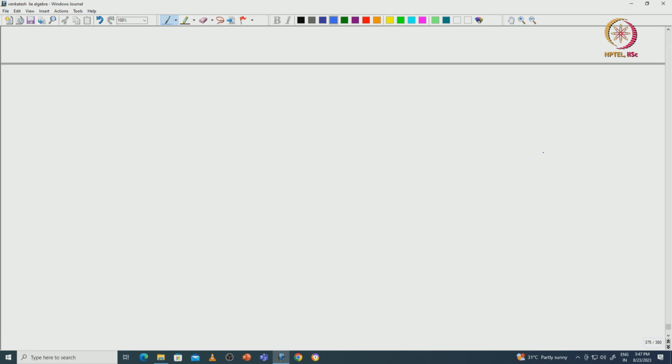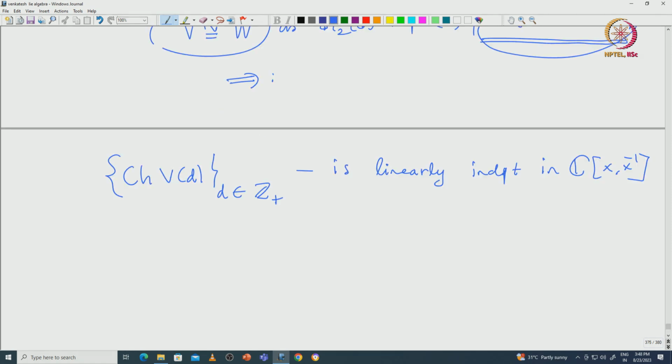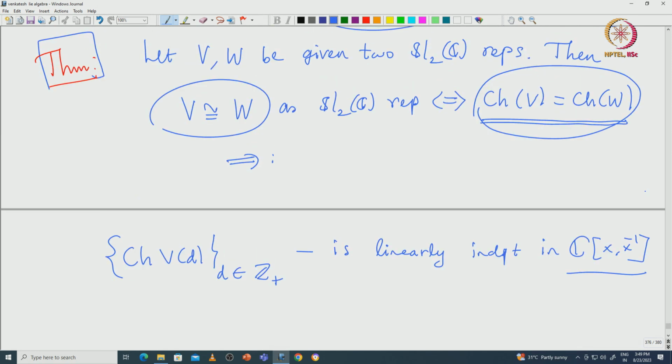So, what I want to say is, if I take the character of VD over all non-negative integers D, then this set is actually linearly independent inside this Laurent polynomial ring. So, if we prove that this set of characters of VD is linearly independent inside this Laurent polynomial ring, then we immediately get that the character determines the representation.